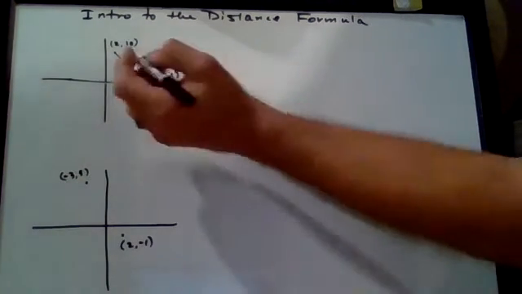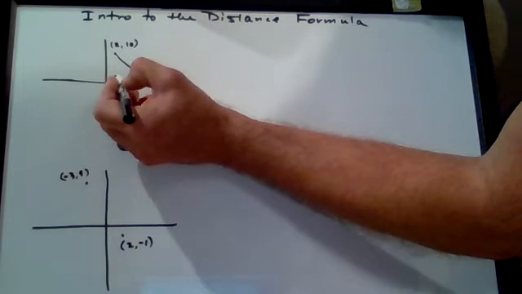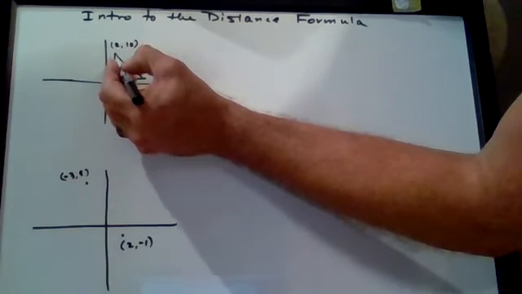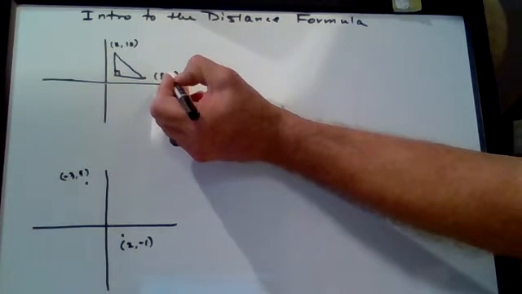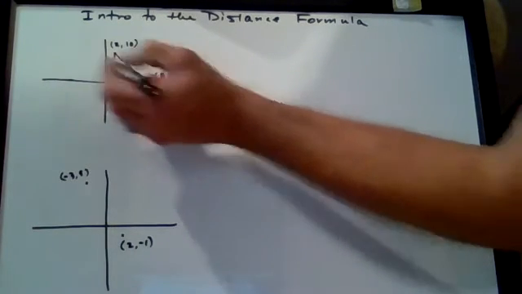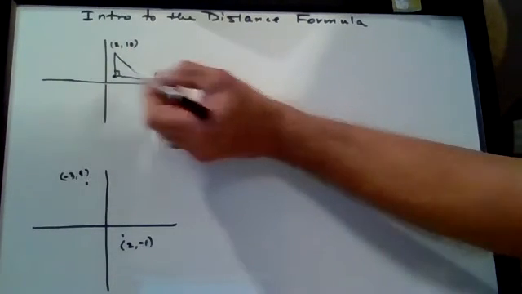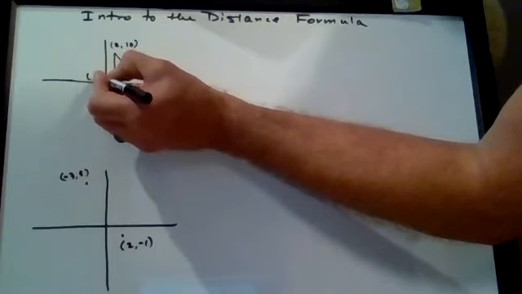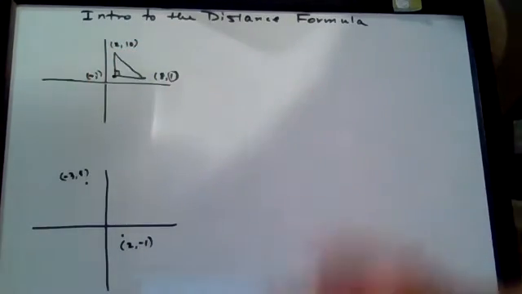So here's what you're going to do: we are going to make a right triangle out of this, okay? We know that our y value here is 1. So we have to figure out what the coordinate of the right angle is. Our y value is 1 and our x value is 2.